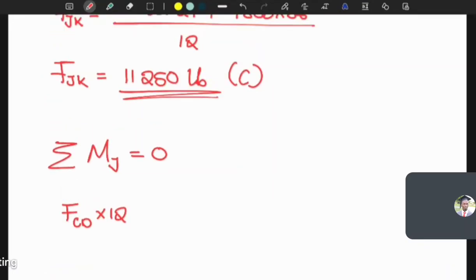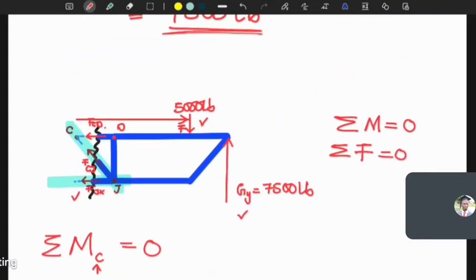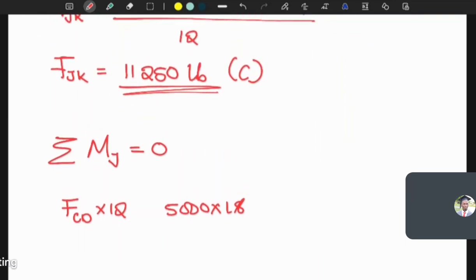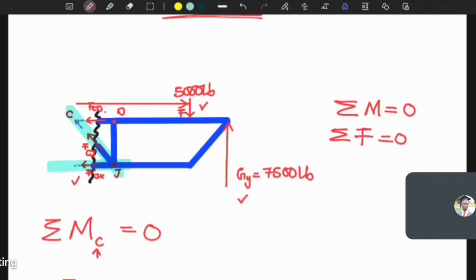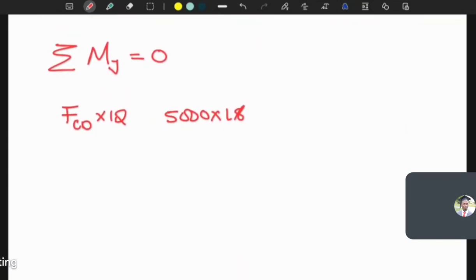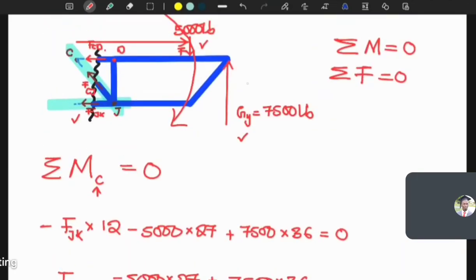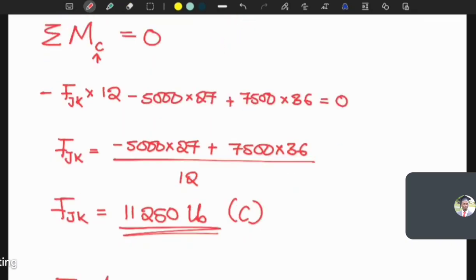So we saw that this one is 5,000 times 18. For this one, clockwise or anti-clockwise, it is causing clockwise about point J, so negative. Then you have GY going upwards, so GY is causing anti-clockwise about point J. Because it is anti-clockwise, it will be positive.